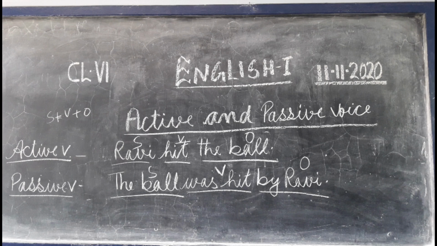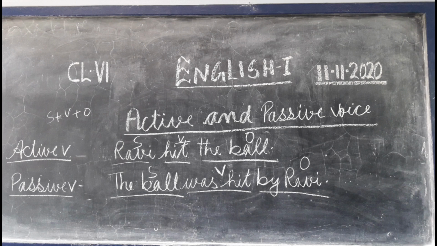And in the passive voice, the ball became a subject here and Ravi became an object here. So crossing, okay, you can cross it. Ravi is object in the passive voice and Ravi is subject in the active voice. The ball is object in the active voice and the ball is subject in the passive voice.